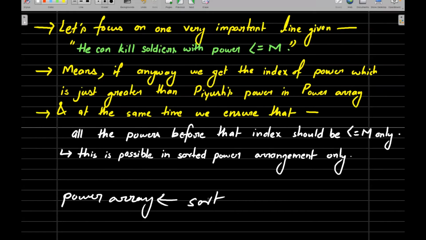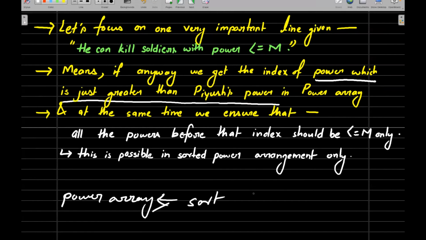So in the sorted power array, if we try to find out the index where power is just greater than m, we saw that the index of power which is just greater than Piyush's power means m.